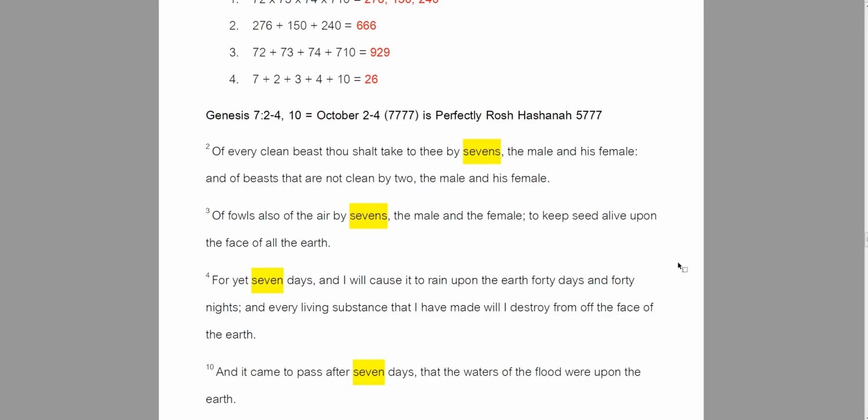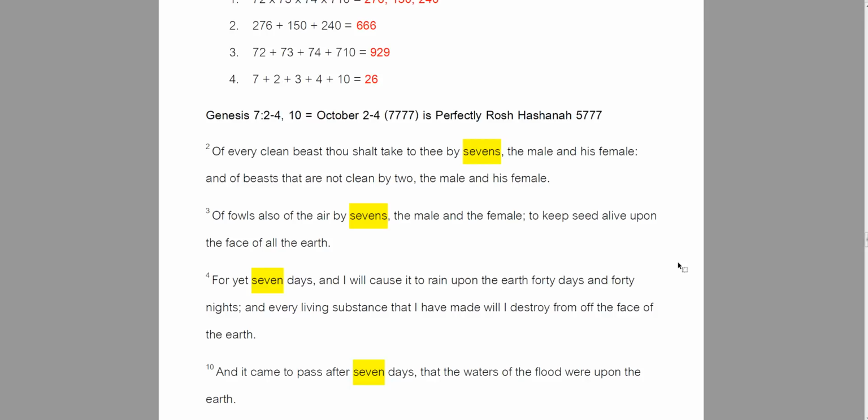This is very important to see that early in Genesis chapter 7, which is the most intensive chapter about a worldwide judgment, and perfectly resembling Rosh Hashanah of 5777 on October 24. This year, 2016, Rosh Hashanah will be October 24.